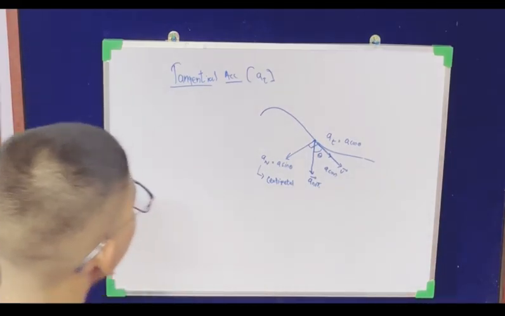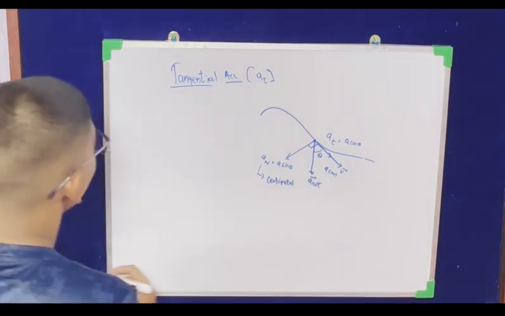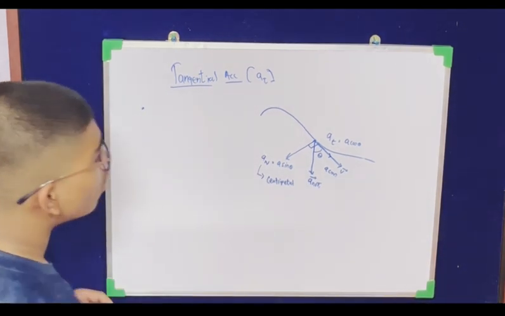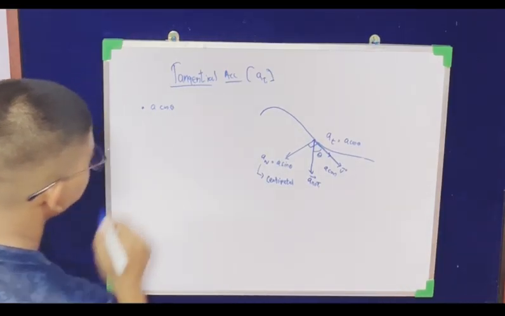So what we can understand about tangential acceleration is that its magnitude is a cos theta.